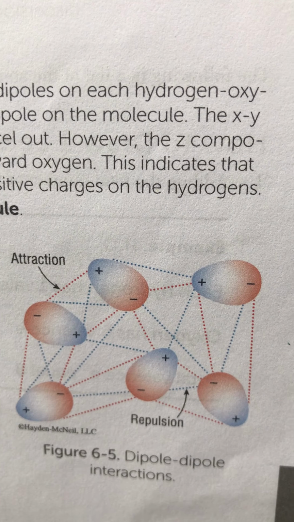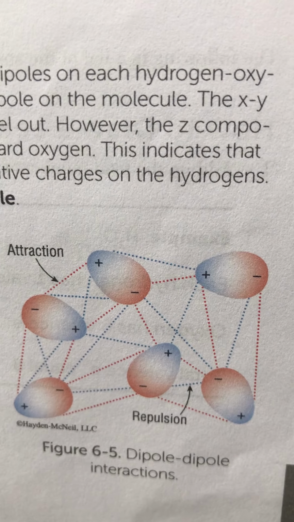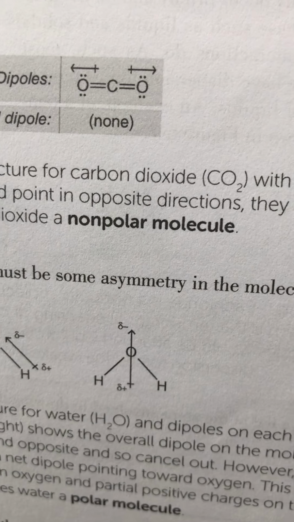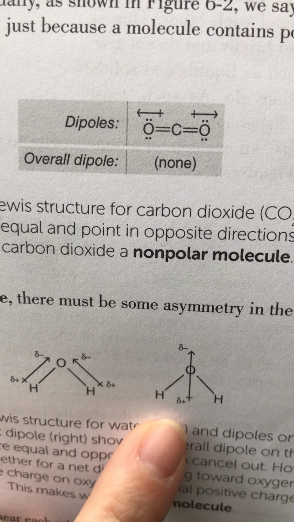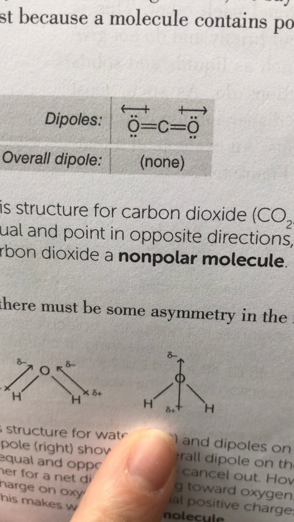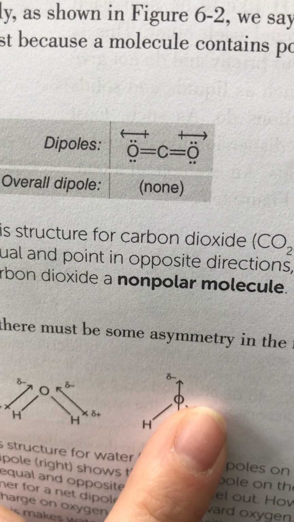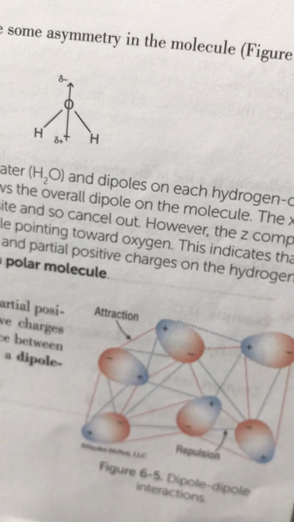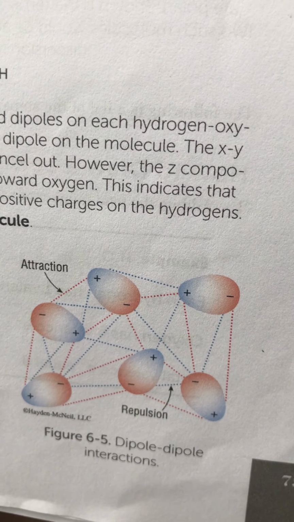Is that the negative side attracted to the positive side? Yes. So when you have a net dipole, we have a polar molecule. So you see this is the net dipole that's on water, making the hydrogens partially positive and the oxygen partially negative, and that's what gives rise to these dipole interactions.